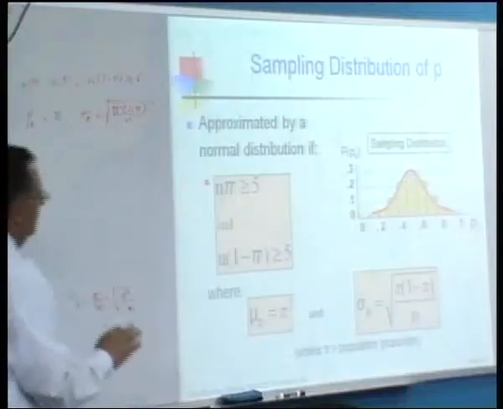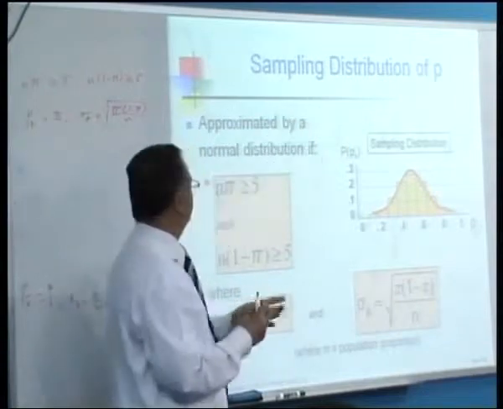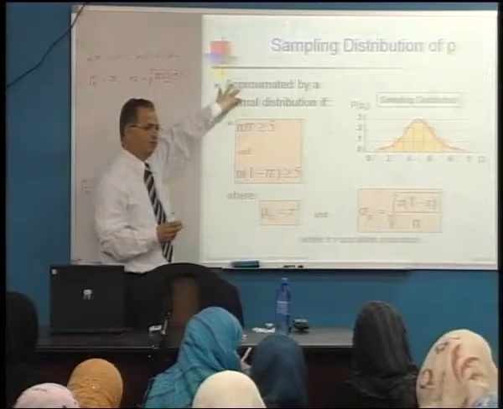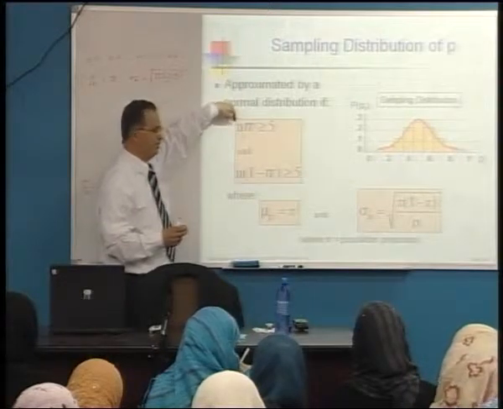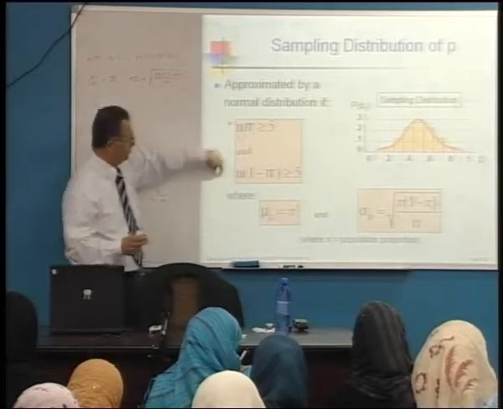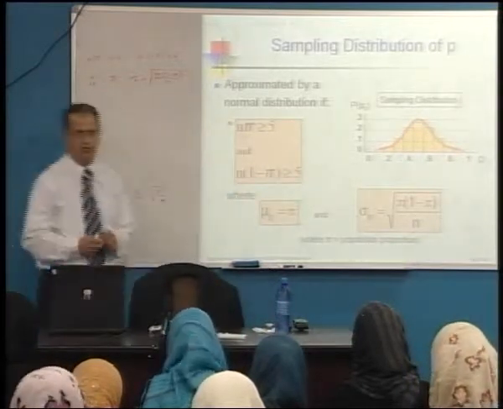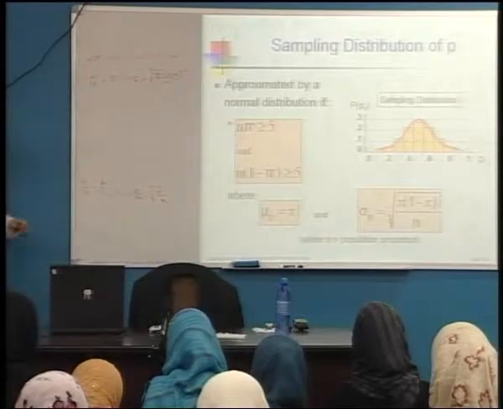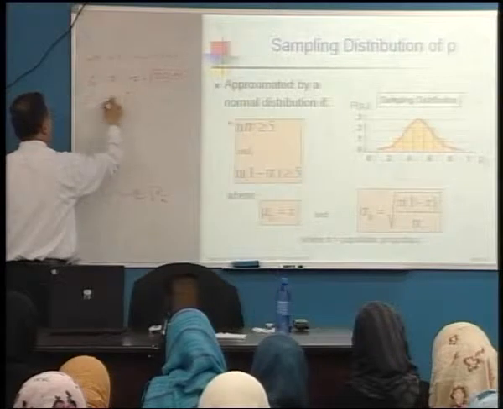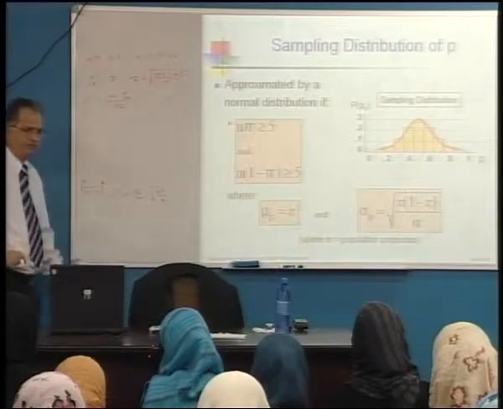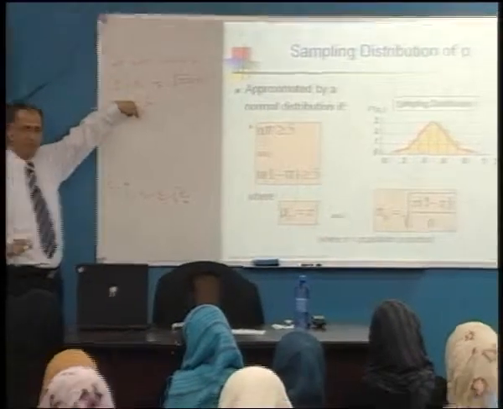So again, the sampling distribution of B is roughly symmetric, or approximately normally distributed, if these two conditions are satisfied, and mu B equals pi and sigma B equals the square root of pi times 1 minus pi over n. Now, the z-score, as we mentioned before, the standard equation is given by x minus the mean of x divided by sigma.